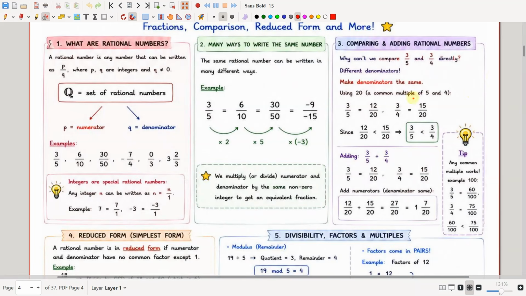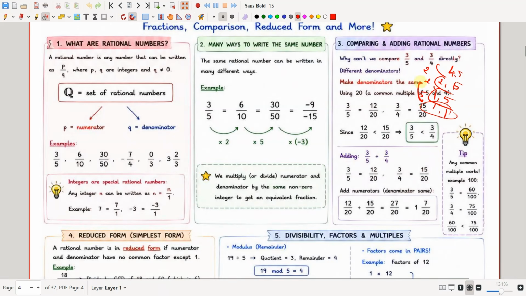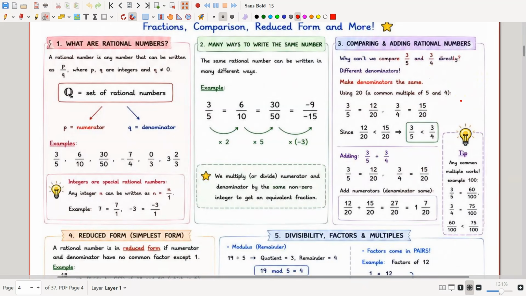That common value will be the denominator for the new value. So 4 comma 5 will be 2, 2, 5, 2, 1, 5, 5, 1, 1. See here, 5 into 2 into 2, which is 20.